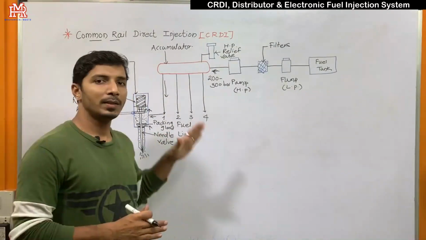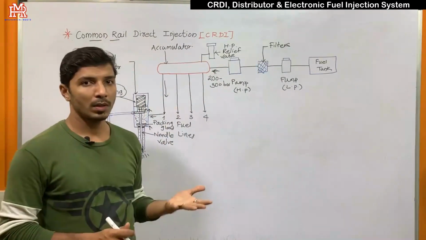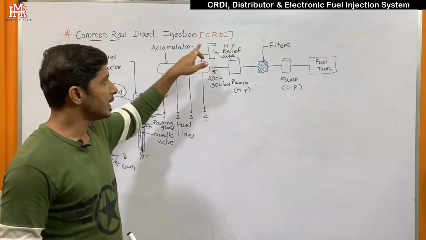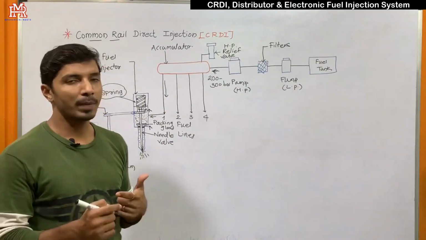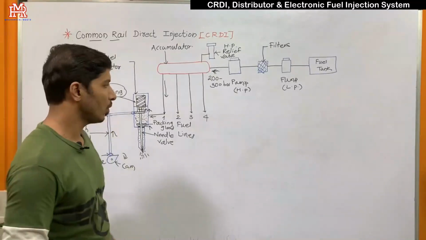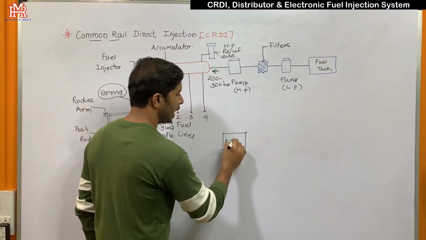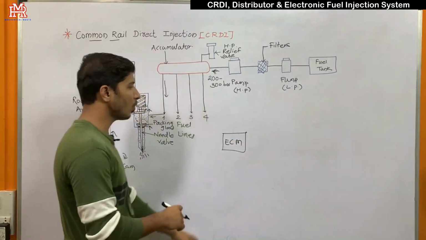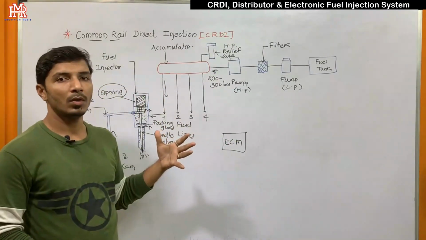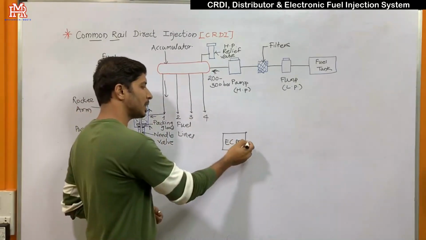Nowadays this CRDI system is used in many vehicles, and we can connect an electronic controlled module, which we call the ECM or ECU, in order to improve the accuracy of the fuel spray. Timing and everything is controlled with the help of this ECM.